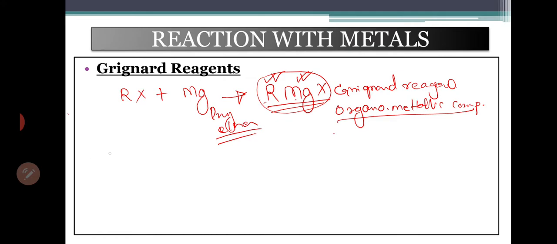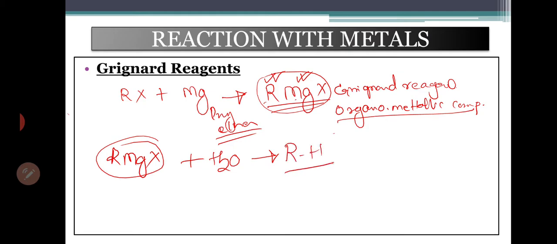If we have RMgX and the ether is not dry, if it contains certain moisture, then your Grignard reagent will decompose to the corresponding hydrocarbon. Just your MgX will get replaced by H, so you will get RH, which is a hydrocarbon, and Mg(OH)X as a byproduct.